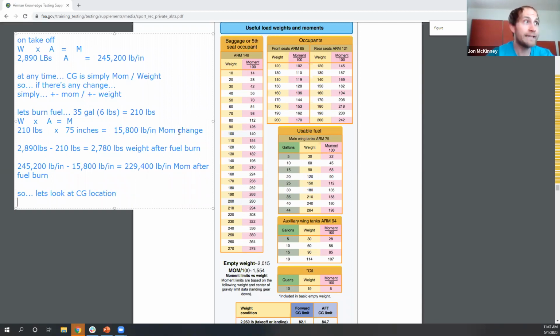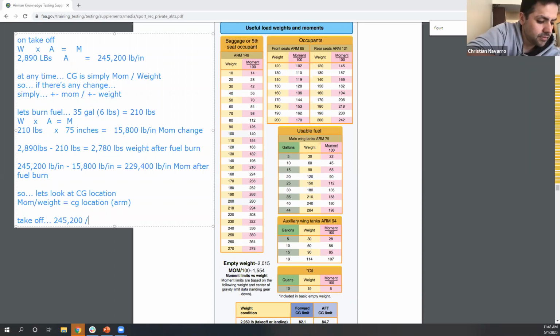Okay, so at any time, CG is simply moment divided by weight equals center of gravity location, which really is the same thing as saying arm. So let's talk about takeoff. On takeoff, my moment was 245,200 divided by 2,890.